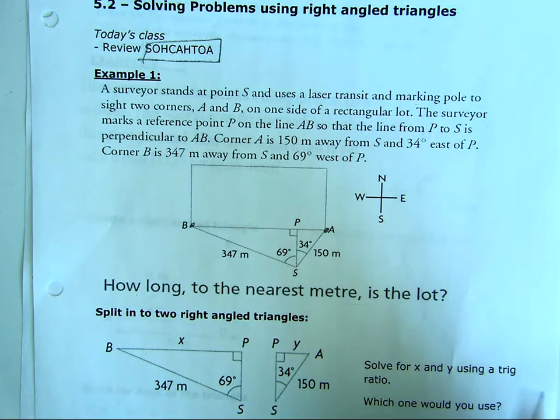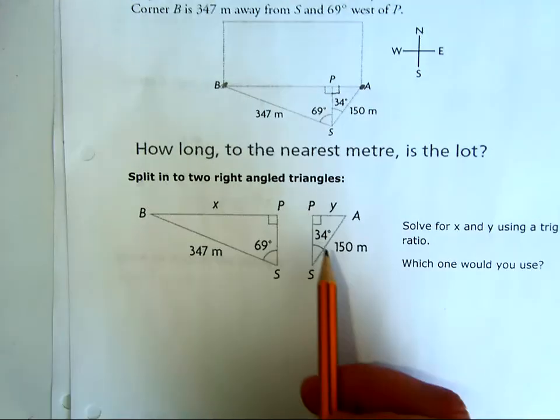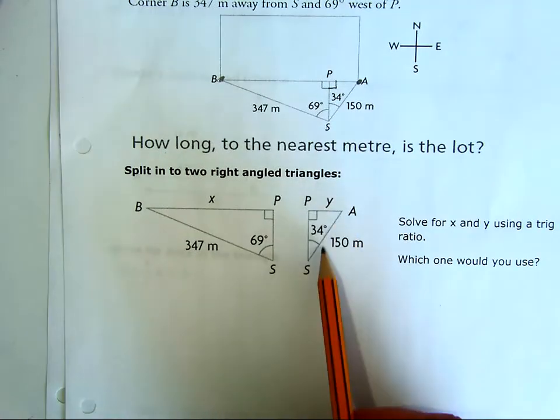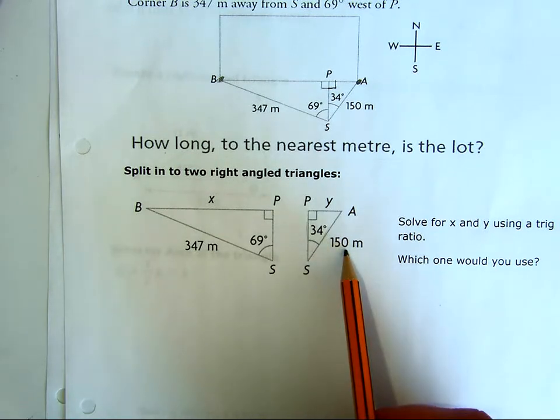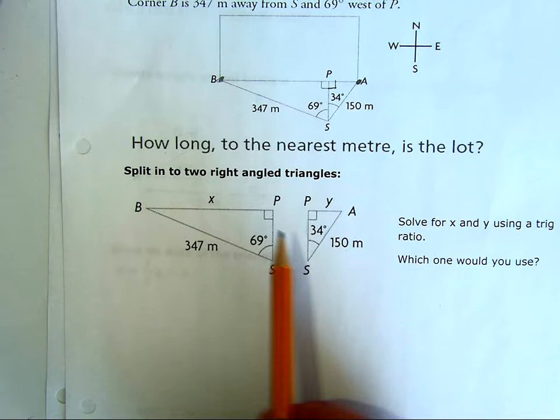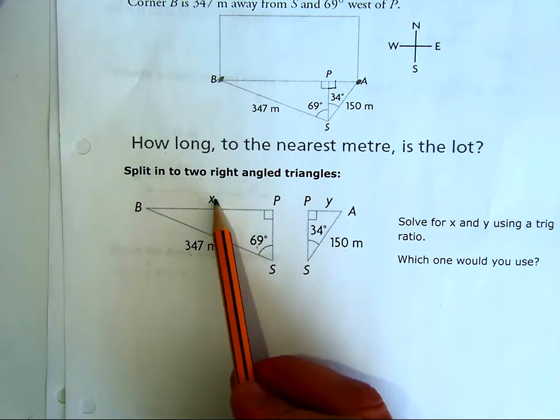Clearly, to figure out the distance from here to here, there are two 90-degree triangles at play, and I separated these two triangles. The first 90-degree triangle has 34 degrees with 150 here. The second has 69 degrees with 347 and the x here.